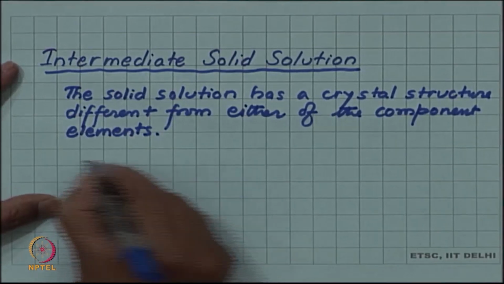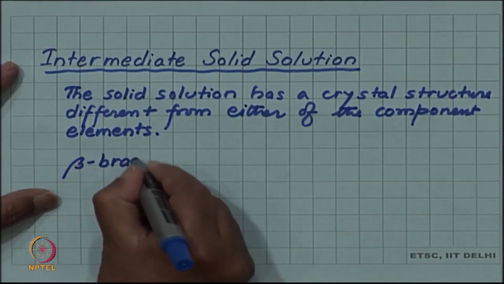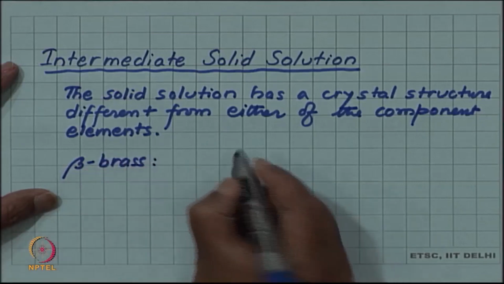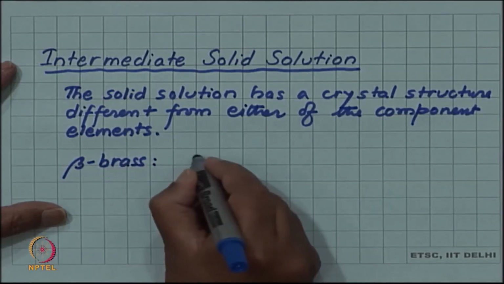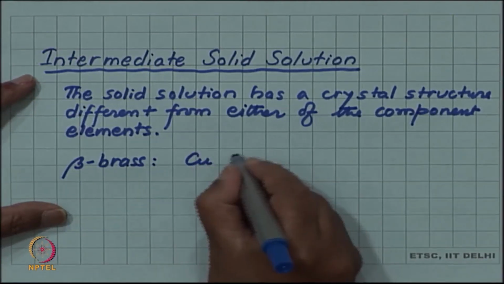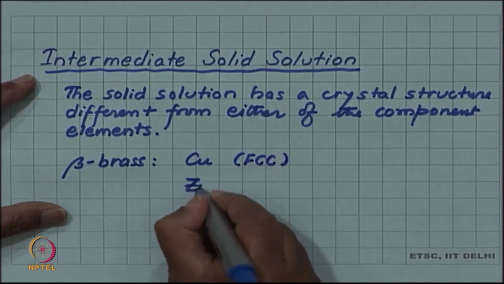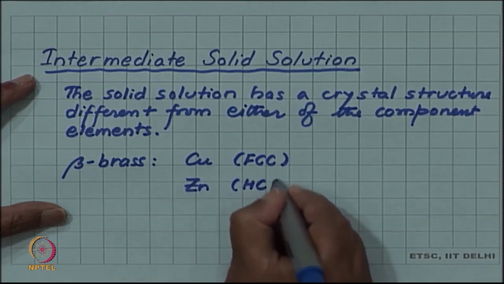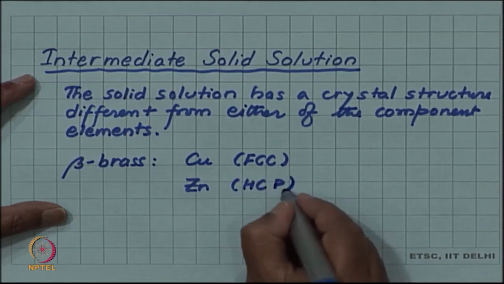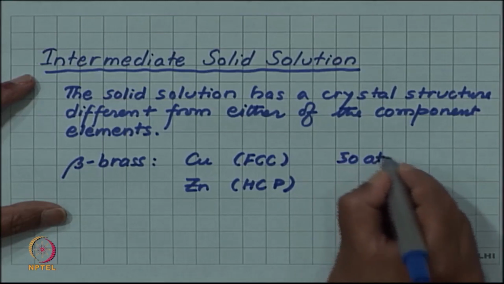So, let us look at beta brass. It is made up of copper, which is FCC, and zinc, which is HCP, and about 50 atomic percent of both.